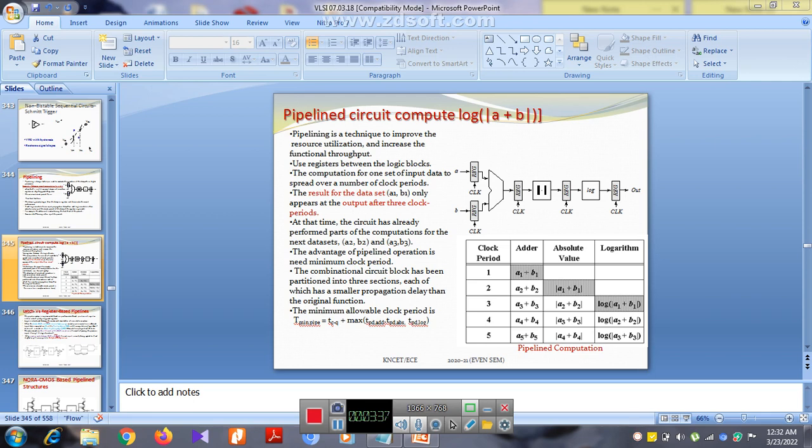The performance of the data path is high.